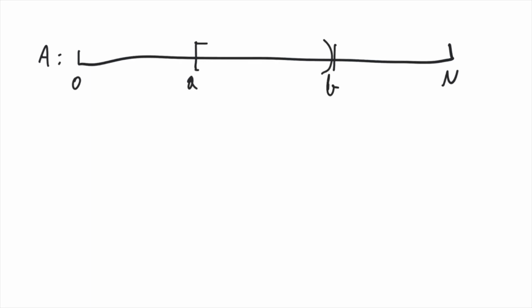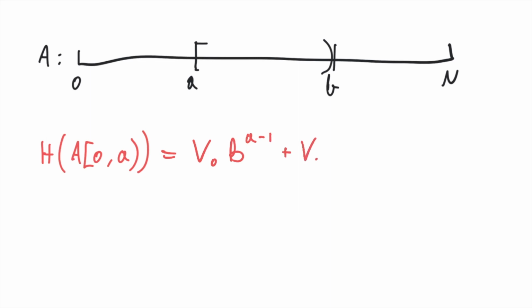to B. The key observation here is that the hash of the string from 0 to A is essentially the value at position 0 times the base to the power A minus 1, plus the value at position 1 times the base to the power A minus 2, and so on until the value at position A minus 1 times the base to the power 0. Of course, we have some mod operation, but I'm not writing it because we know everything works through the mod operation.